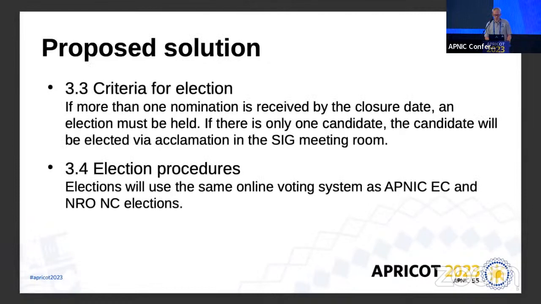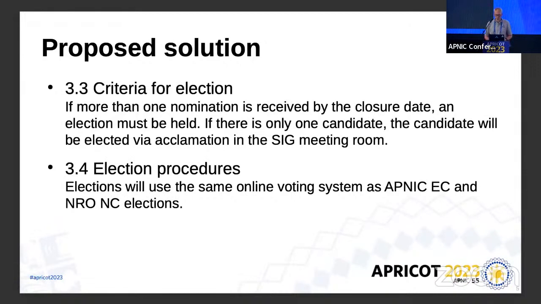What we are proposing. The SIG guideline documents the procedures for SIG elections. It's available on the APNIC website. We will replace sections 3.3, 3.4, 3.4.1, 3.4.3, 3.4.5, and 3.7 in the SIG guidelines with the following text. 3.3, criteria for election.